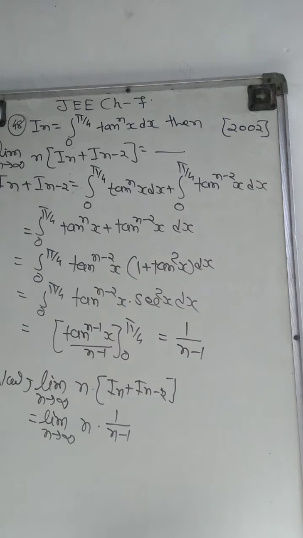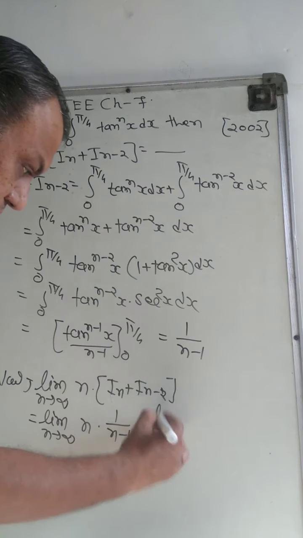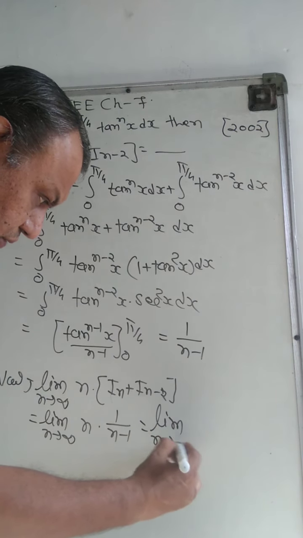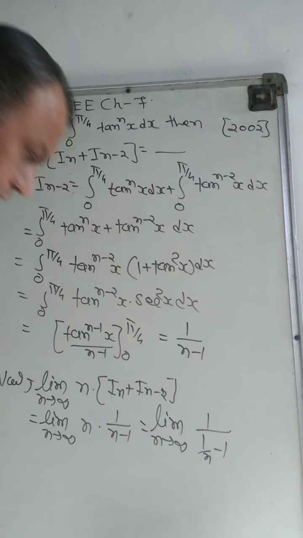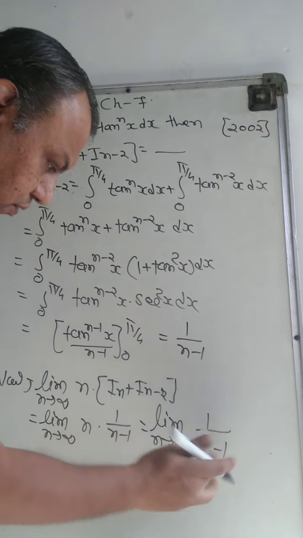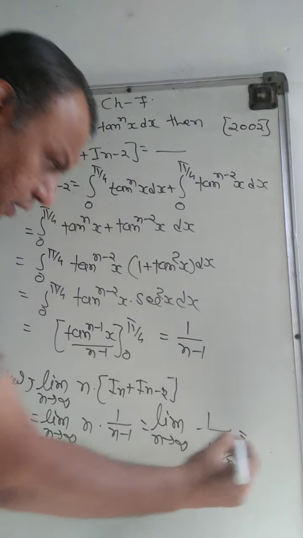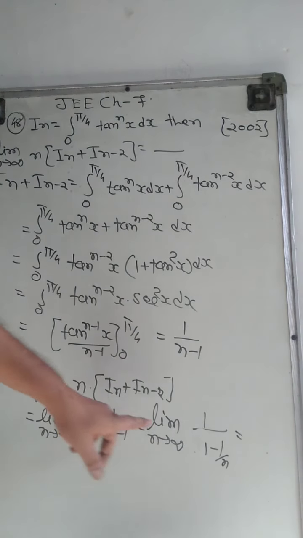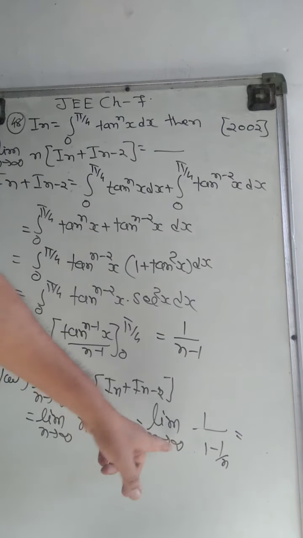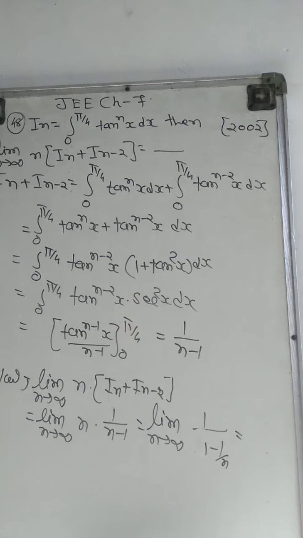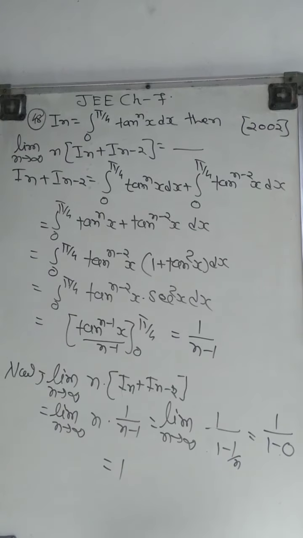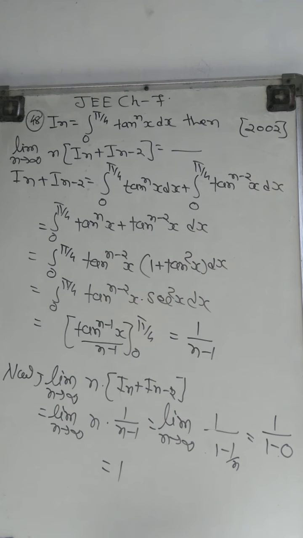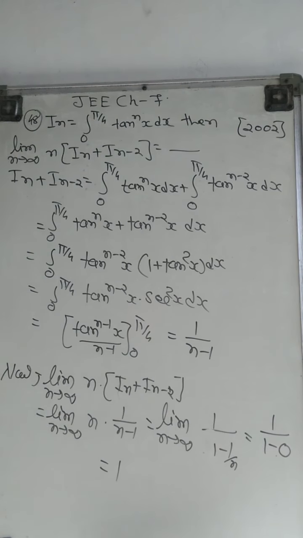Taking n common from the denominator, we get the limit as n tends to infinity of 1 upon (1 minus 1/n). Now when we put the limit, we know that the limit as n tends to infinity of 1/n is 0. So it is 1 upon (1 minus 0). So our answer is 1. So this way we can find our answer, which is 1. Right?